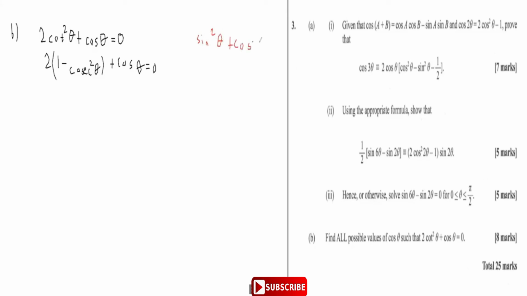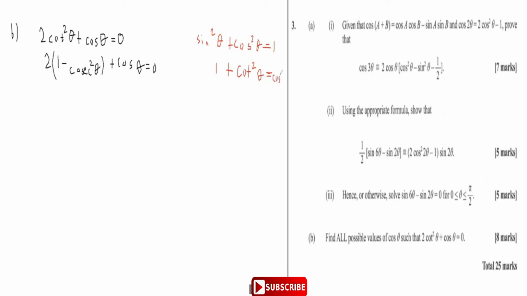I'm just writing it down over here. If you divide this by sine squared, sine squared over sine squared is 1, plus cos squared over sine squared, and cos squared over sine squared is cot squared, and 1 divided by sine squared is cosec squared.